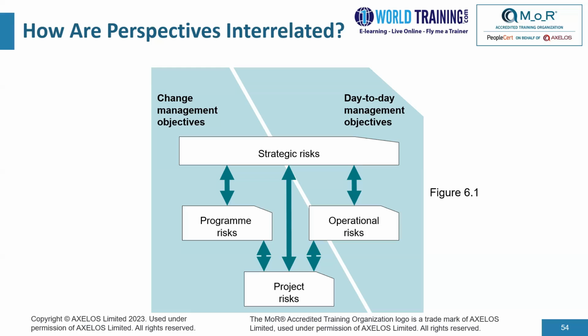So when you look at a program risk perspective, you're looking at dependencies between projects. How would they impact the program objectives? So there's a kind of interface between projects and programs and the strategic aspects. And then there's a bit of BAU aspect of work that would impact the interrelationships between all of these elements.